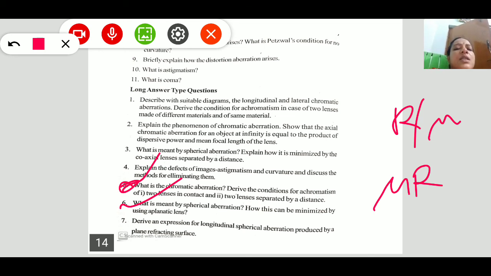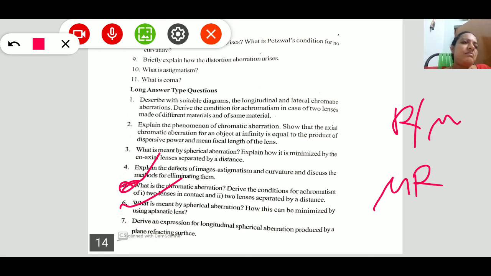Next, derive an expression for longitudinal spherical aberration produced by a plane refracting surface. This also we discussed, the longitudinal aberration in the case of different surfaces, that is plane refracting surfaces and curved refracting surfaces. For the plane refracting surface we have derived it.